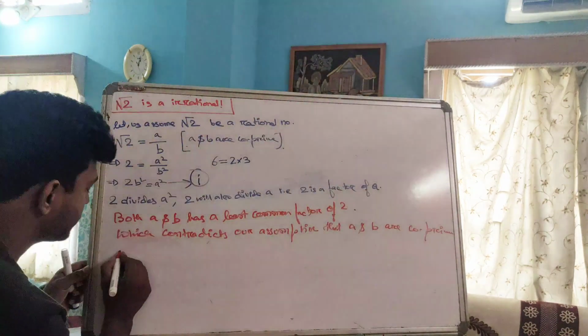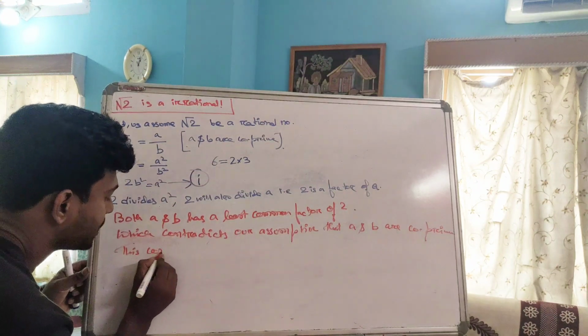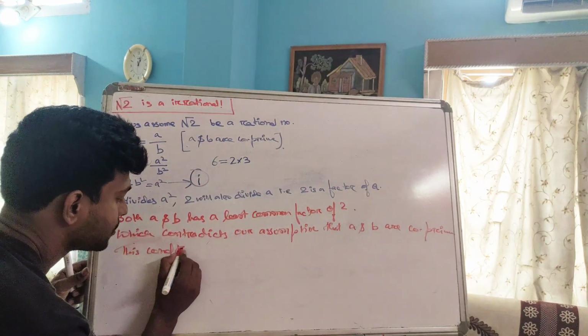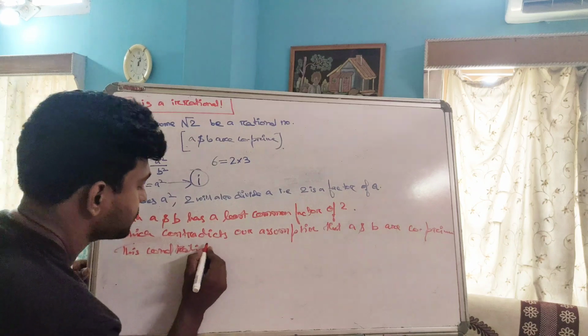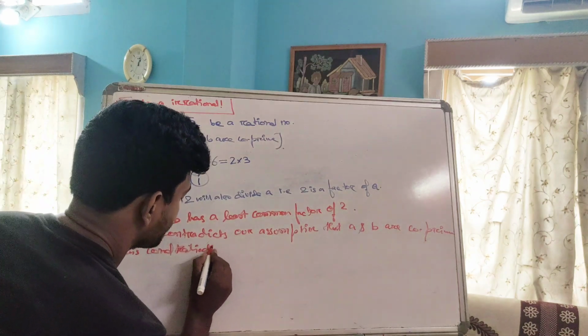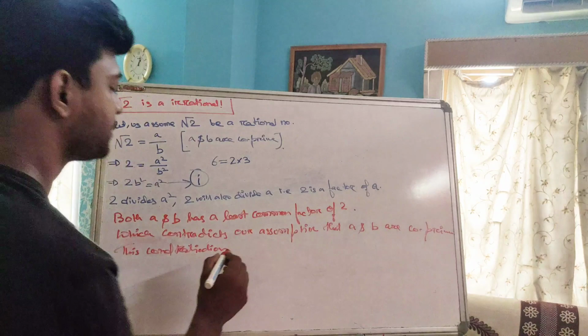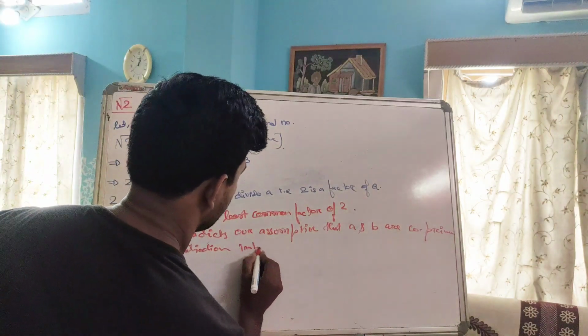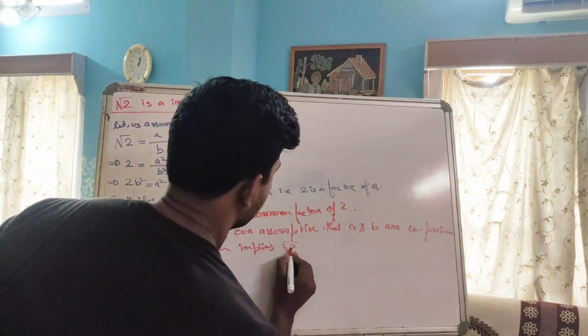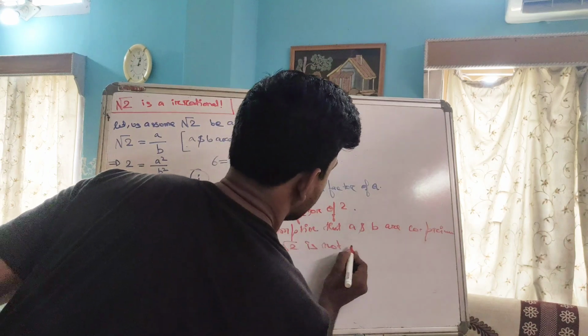So this contradiction implies the square root of 2 is not rational.